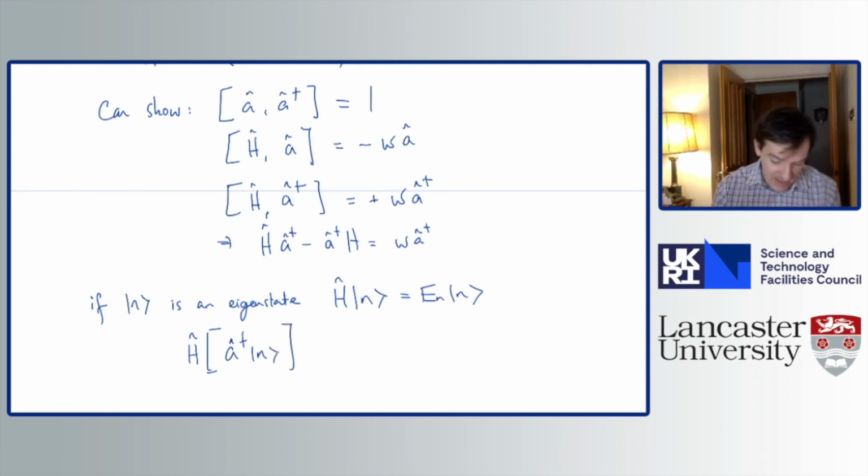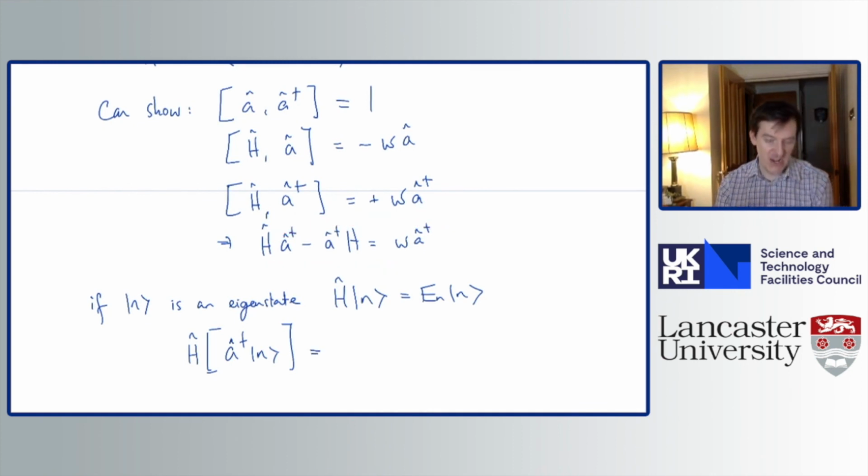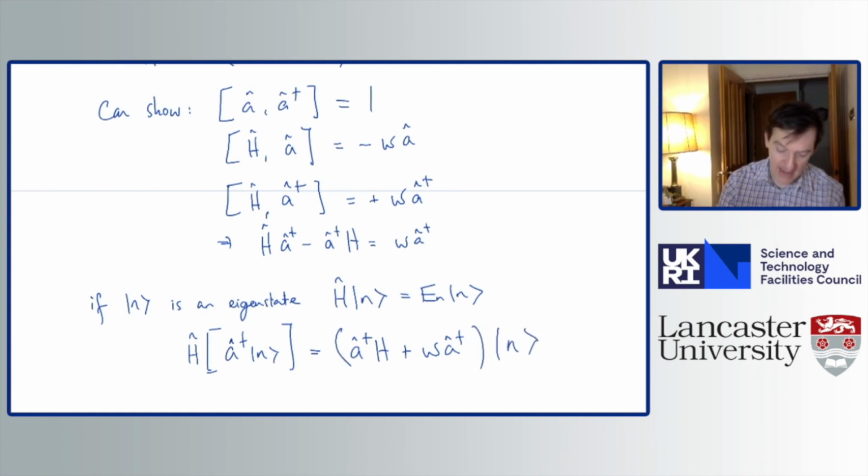Okay, so using this commutation relation above, we can write H A dagger as A dagger H plus omega A dagger. Let me act on the state n again.